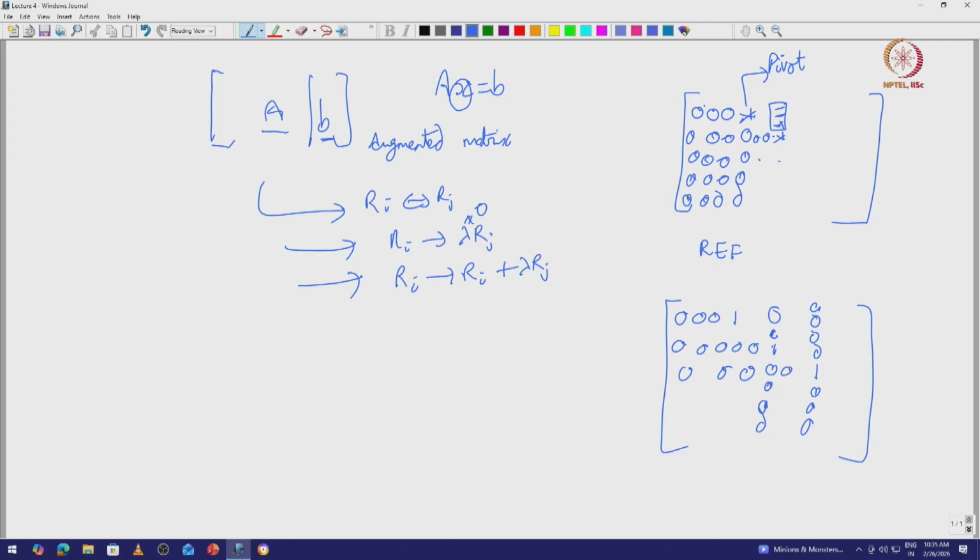So recall the algorithm was as follows. You interchange rows enough number of times so that the first row has a pivot which is on the leftmost side. And if you have more than one row having a pivot, like for example, say you have this matrix, you can interchange the first and the second row to make it this.